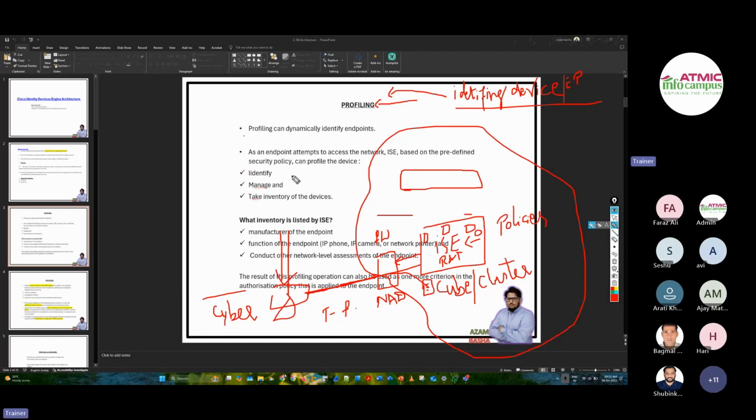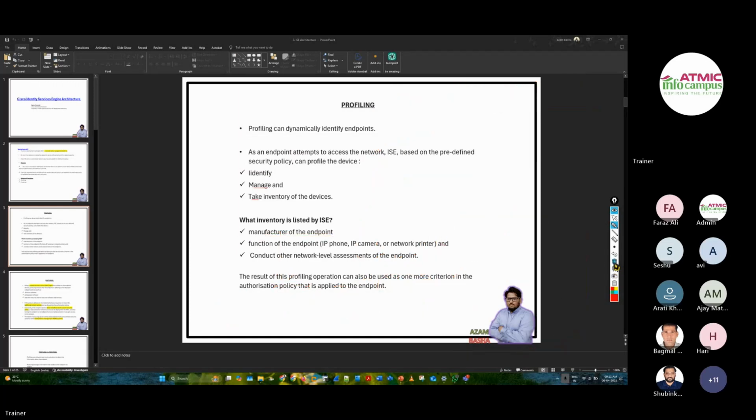It identifies the manufacturer. It identifies the function of the endpoint, whether it is an IP phone, camera, network printer, router, tablet, desktop, laptop, all of this.